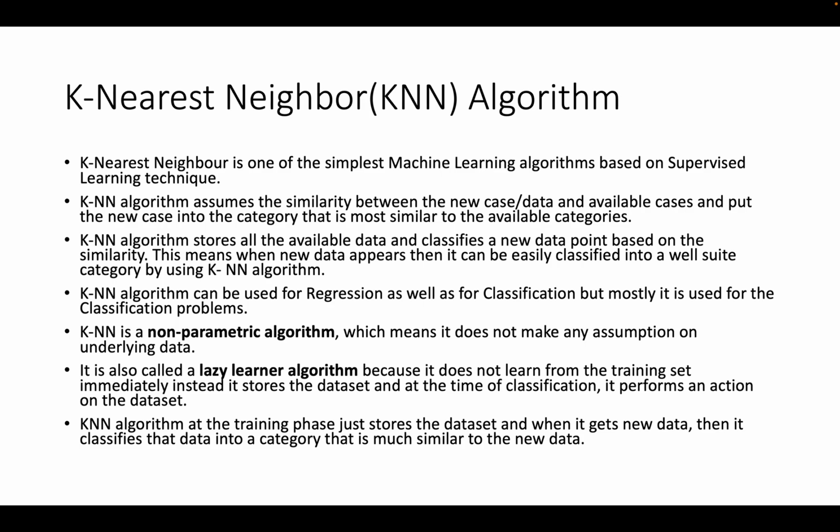It is a lazy learner algorithm because it does not learn from the training set immediately. Instead, it stores the data set, and at the time of classification, it performs an action on the data set. So there's no model being trained. It literally just at the time of the input being given does that.